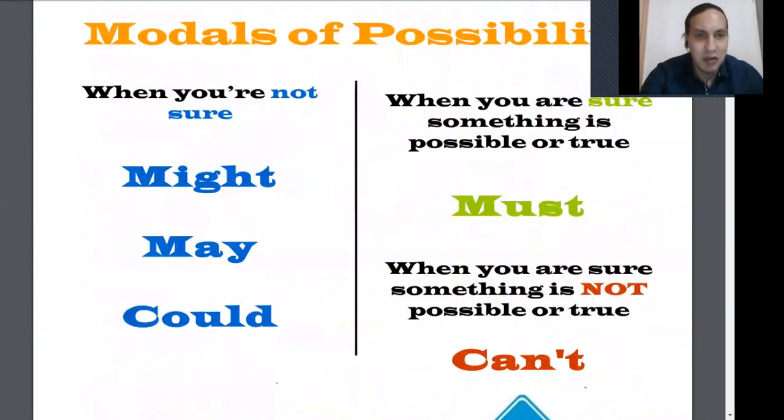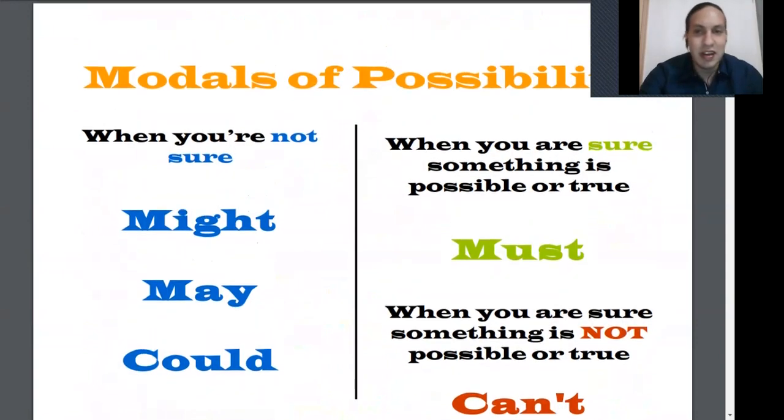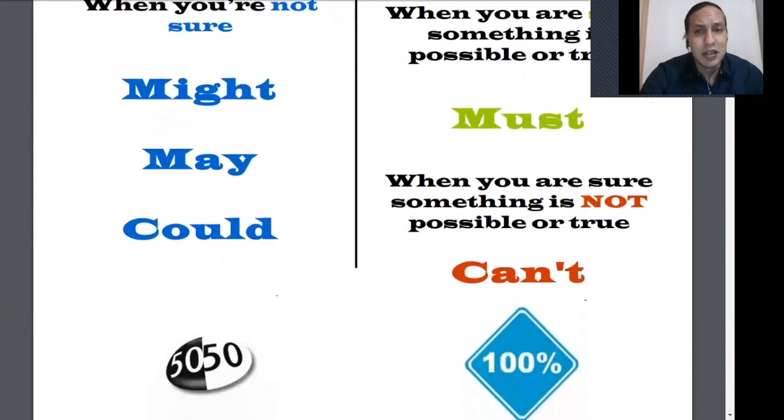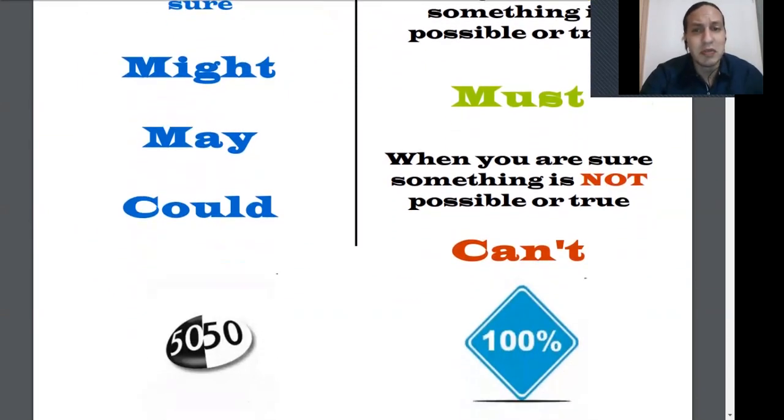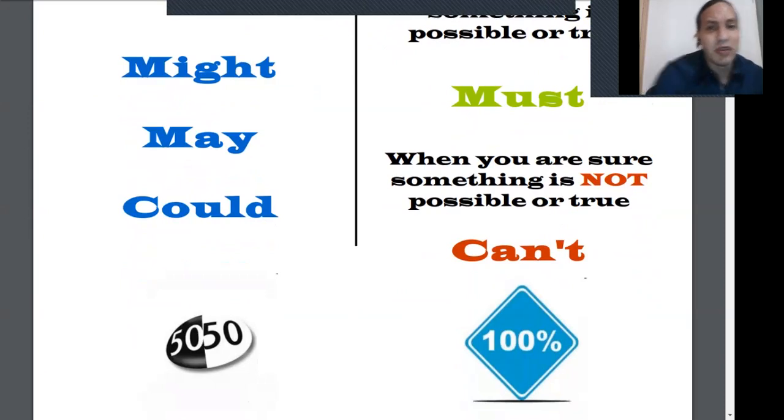modals of possibility. When you're not sure, might, may, could, like the ones we're going over right now in the unit. When you are sure something is possible or true, must. When you are sure something is not possible or not true, can't.